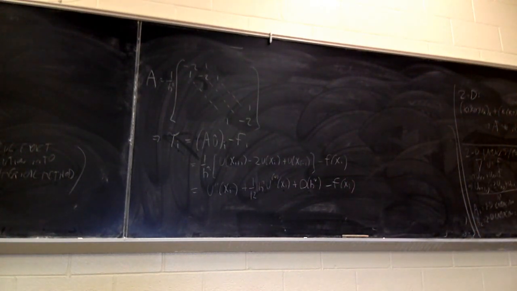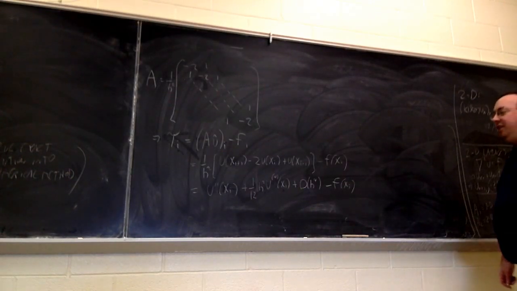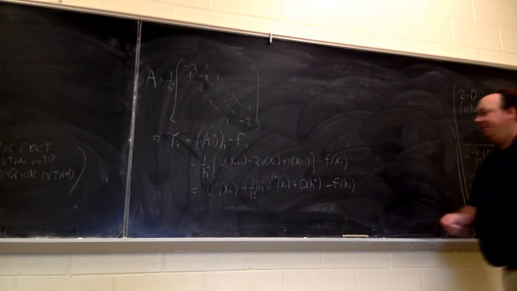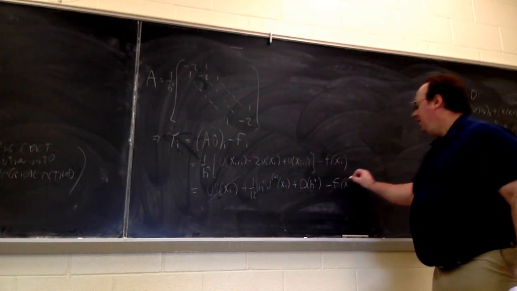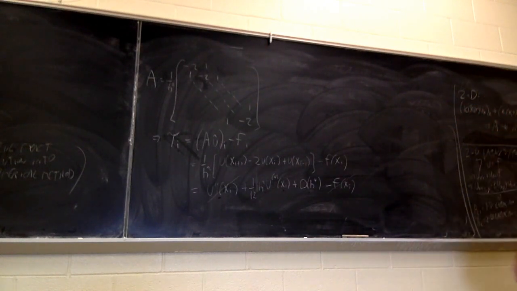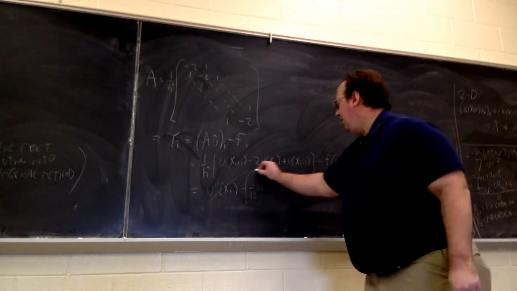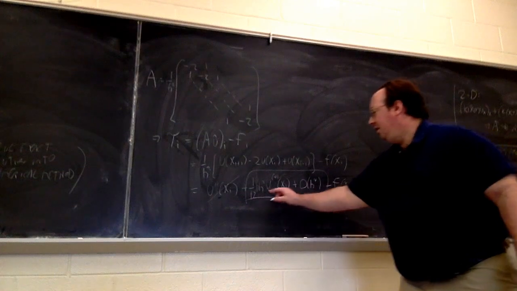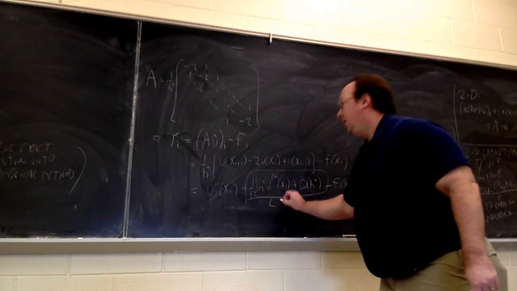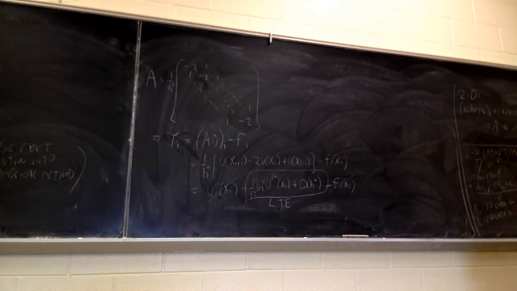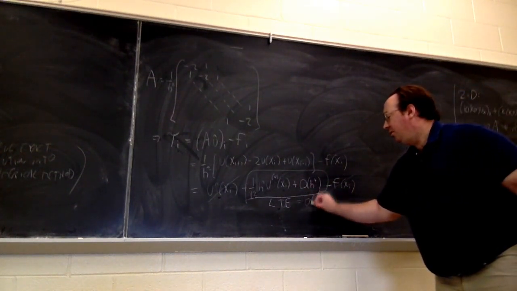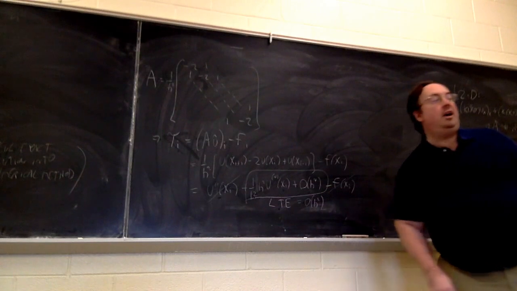But the PDE we're solving here, okay, technically it's an ODE, but anyway, is u double prime equals f. This is the exact solution. So those terms cancel out. So this right here is your local truncation error, or LTE. So we see that it is order h squared.